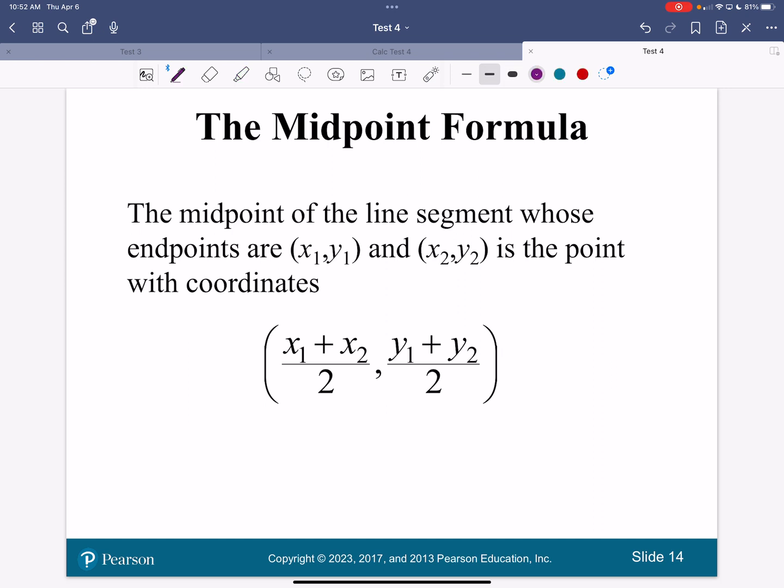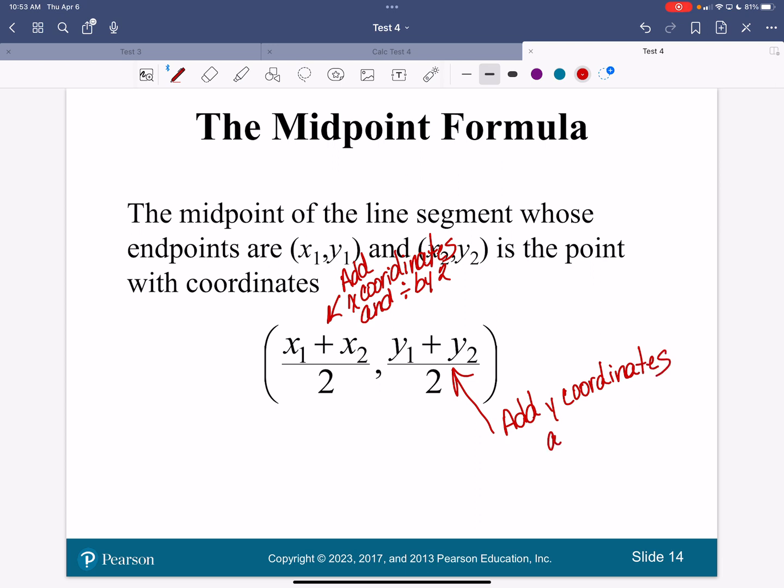So basically what you're doing, you add x coordinates together and divide by 2. That's what we're doing here. We add y coordinates together and divide by 2.